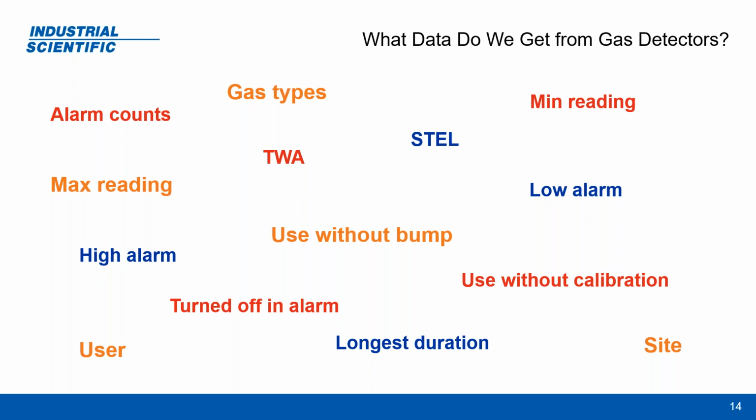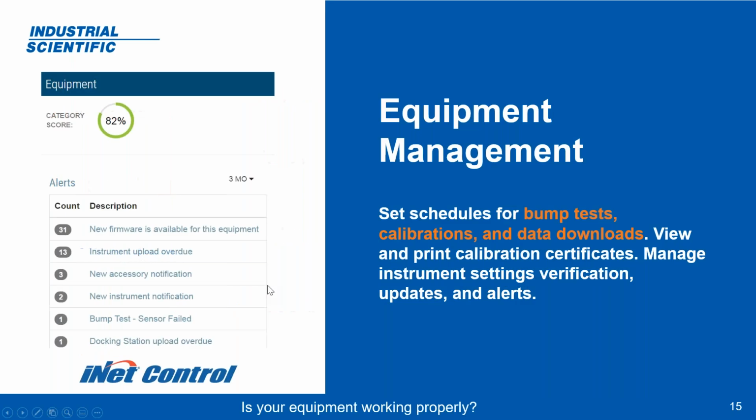And these are just several examples: the alarms, how long the alarms have lasted, how high the concentrations were, whether an instrument was used without being calibrated, whether it was used without being bump tested, whether somebody did what we believe is the unthinkable, turned an instrument off while it was in an alarm and ignored it. All those pieces of data come from the gas detectors and are collected and give you visibility to them within the iNet program and the iNet Control software.